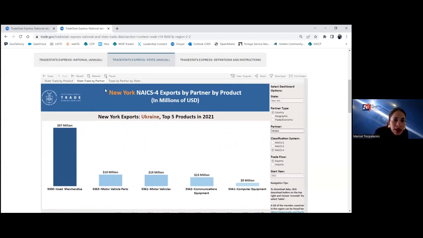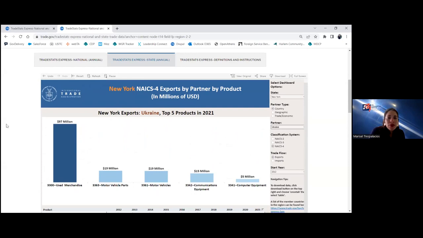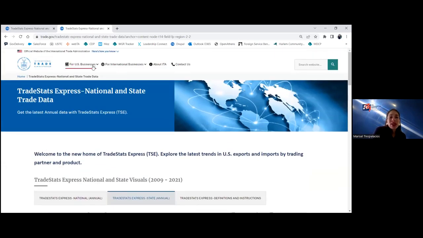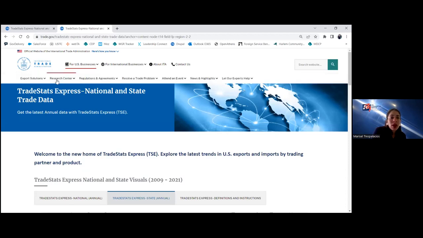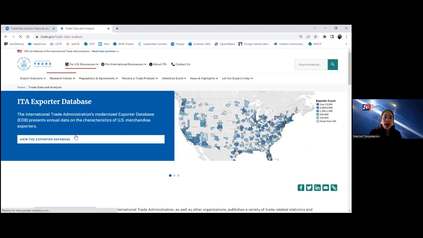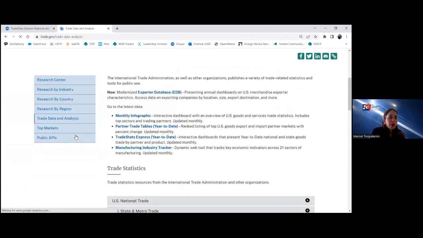You can do it by partner, by product, as I showed you. Exports, imports, you can select the start year. So just something to have in mind that this type of trade data is available. You just have to go to the Research Center, Trade Data and Analysis, and explore it a little bit, play around with it.